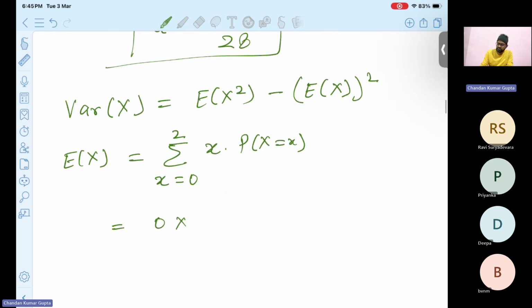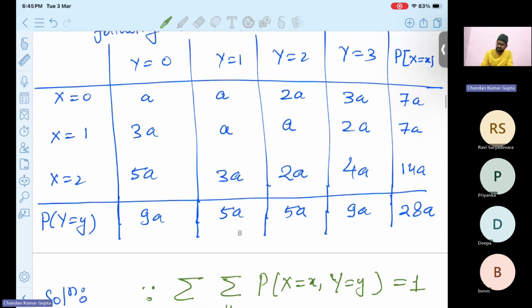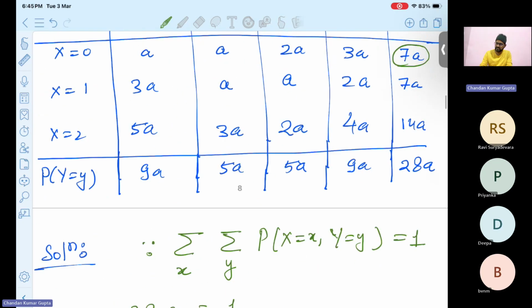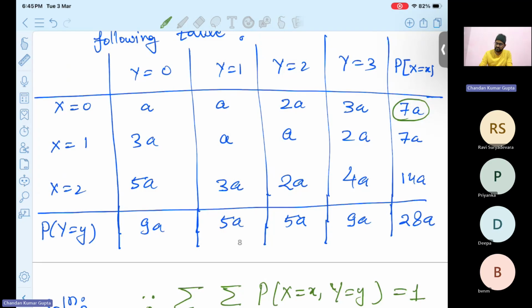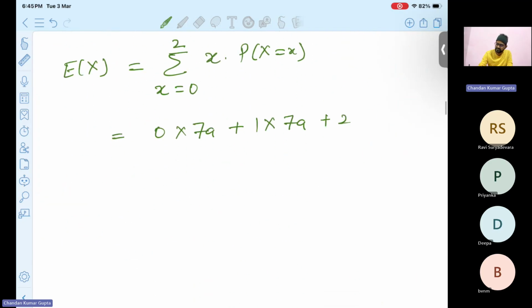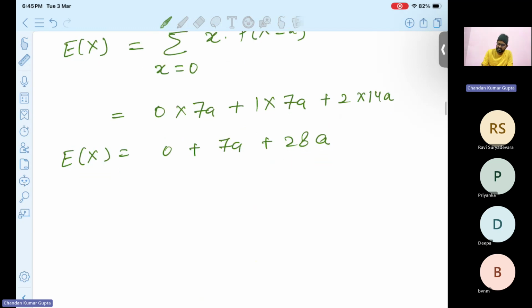So it's 0 times the probability that X equals 0, which is 7a, plus 1 times 7a, plus 2 times 14a. So the expectation of X comes out to be 0 plus 7a plus 28a, which is 35a.